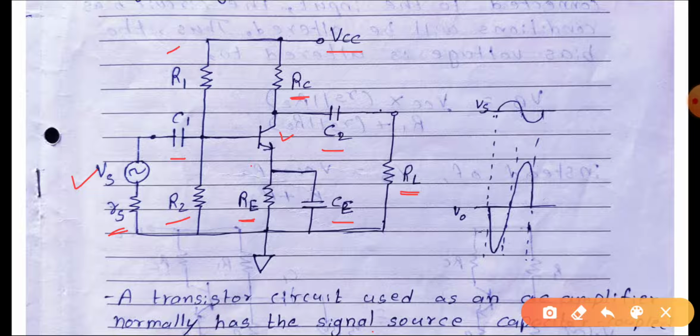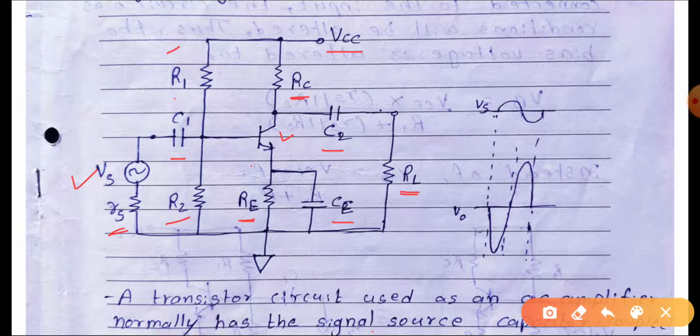To keep the operating point in the active region, we have used this voltage divider bias, and depending upon the values of R1, R2, RC and RE, you can select your operating point in the middle of the active region.